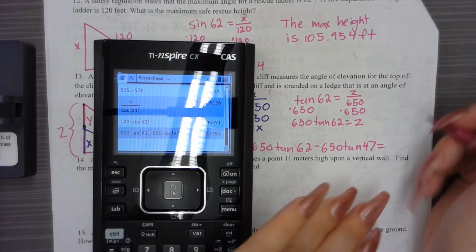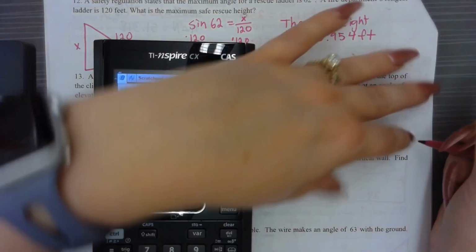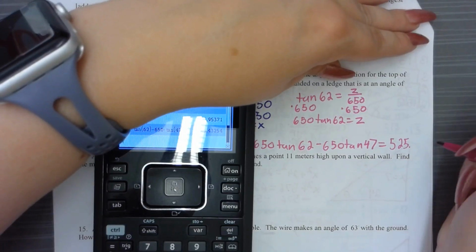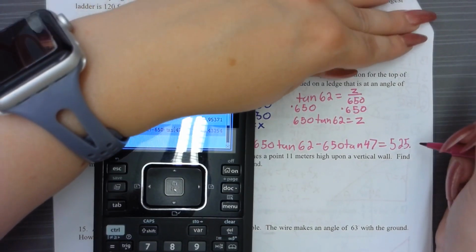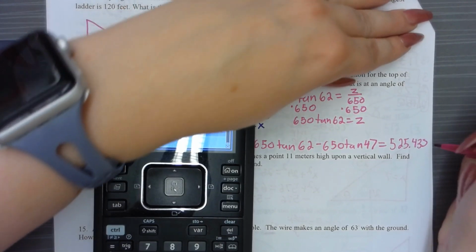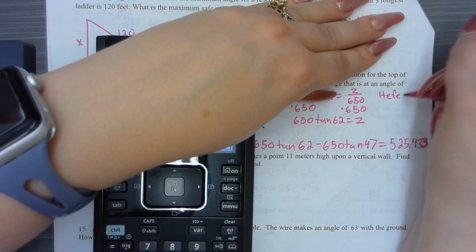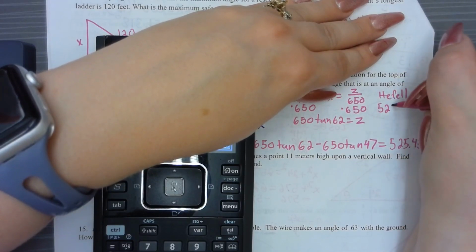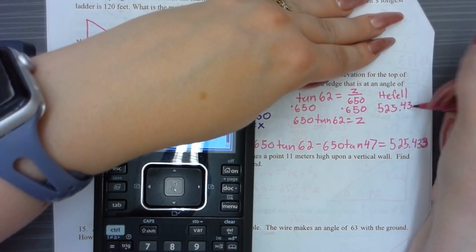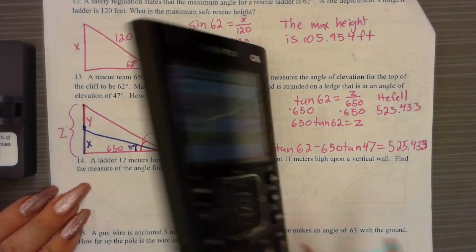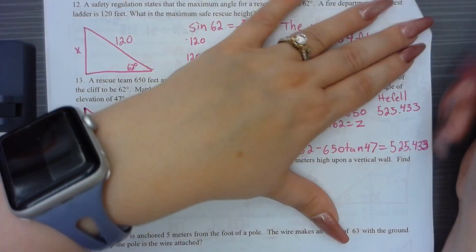Okay, and so that's going to give us 525.433. So he fell 525.433. Again, we want to include units, and he fell in feet.